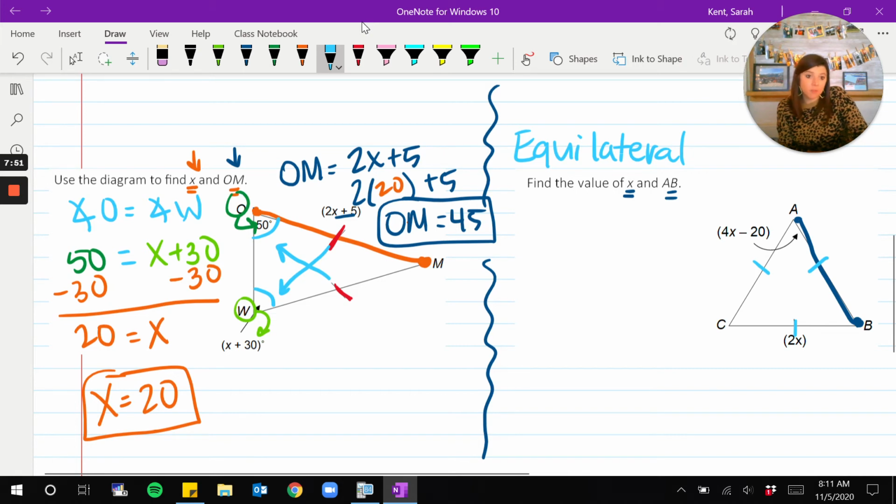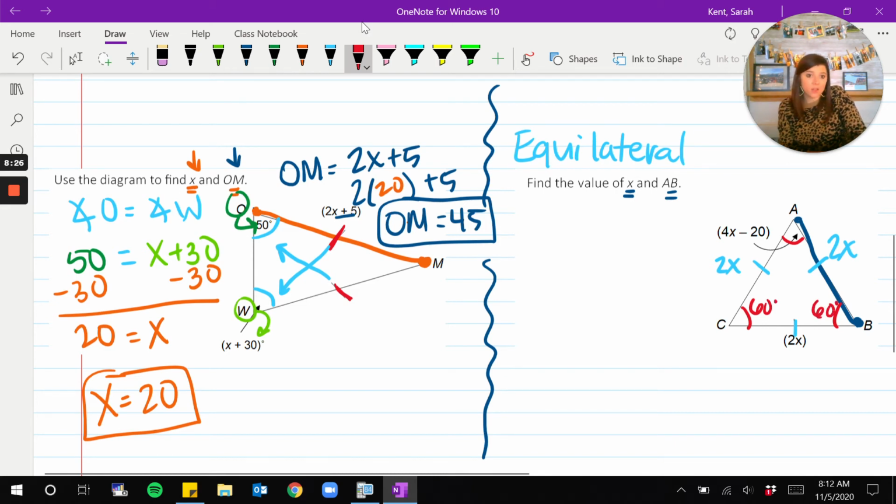So if this bottom side is 2x, that means that AB is also 2x. And I could also say that AC is 2x. But that will not help me find x. So if I go to look at the angles, I know that all three angles are equal. And since it's equilateral, I also know that each angle is 60 degrees.